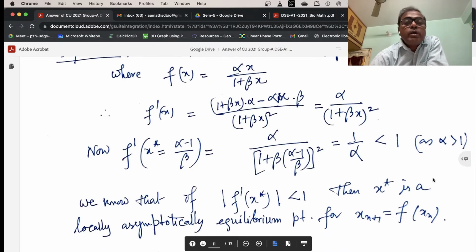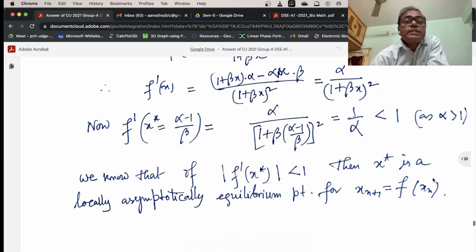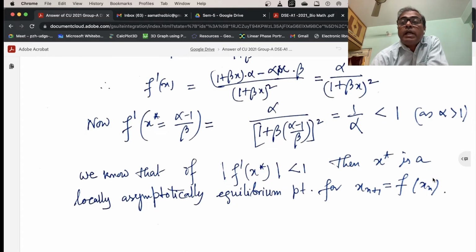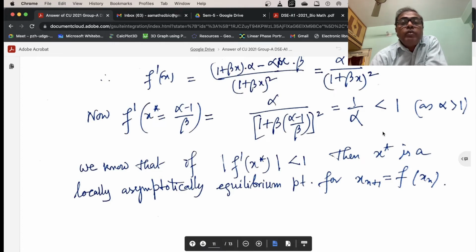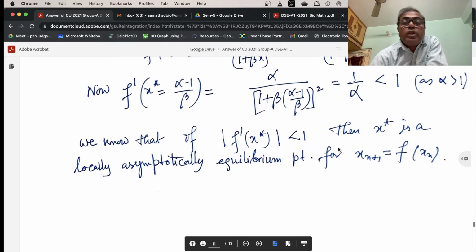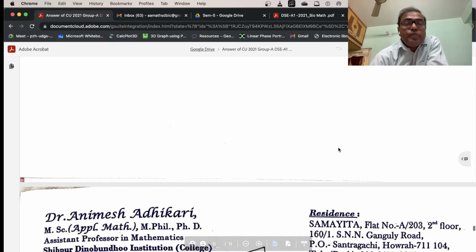We know that if the modulus of f dash x star is less than 1, then x star is a locally asymptotically stable equilibrium point for x(n+1) equal to f(xn). So obviously (alpha minus 1)/beta is an asymptotically stable equilibrium point.